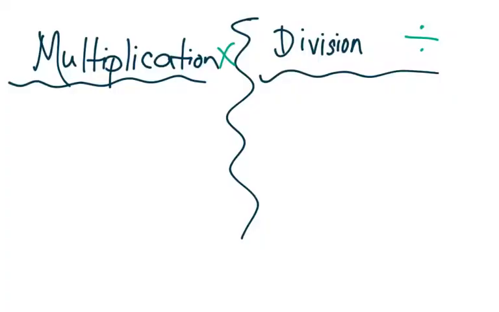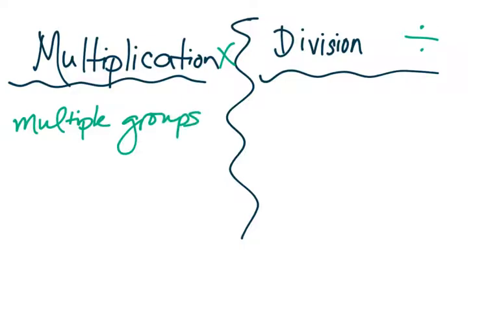Alrighty. So the first thing we want to talk about is the difference between multiplication and division. We know that if we have a multiplication problem, we are going to be looking at multiple groups of a particular size.